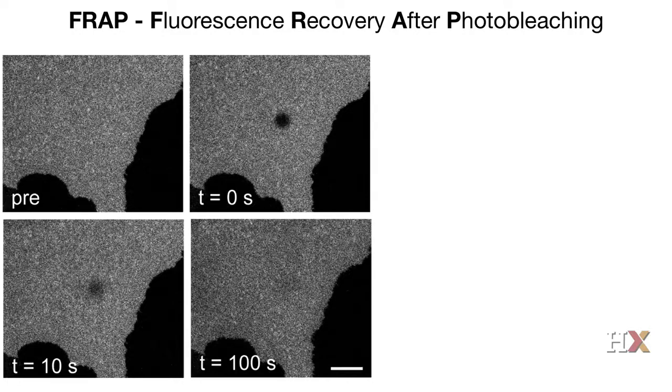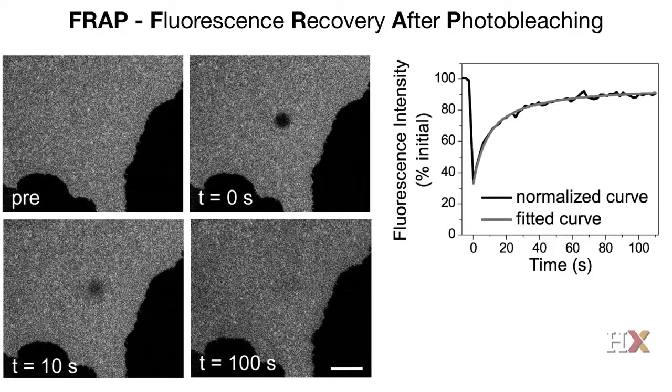This recovery of fluorescence is due to the lateral diffusion of labeled lipid from the surrounding region into the dark spot. And you can create a graph showing how long it takes for the fluorescence to be recovered.